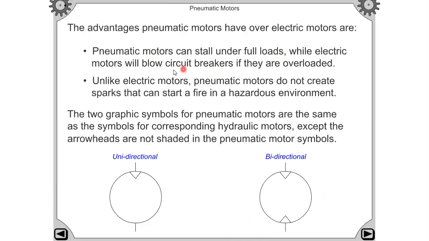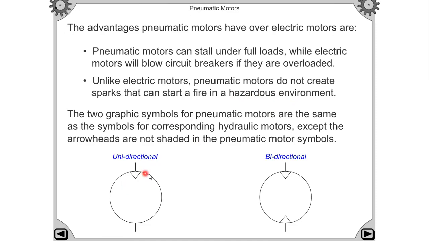If an overloading condition is there, the electric motor will blow the circuit breakers, but when overloaded, pneumatic motors will stall, and they will work properly again afterwards. Also, pneumatic motors do not create sparks, so fire is not caused. So it is advantageous in a hazardous environment.